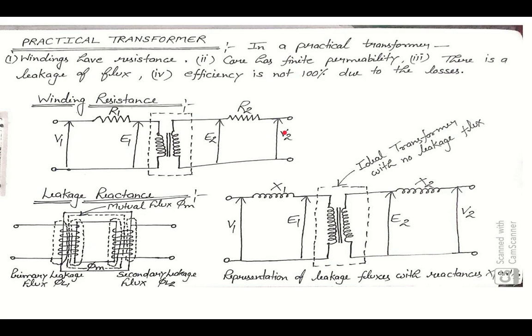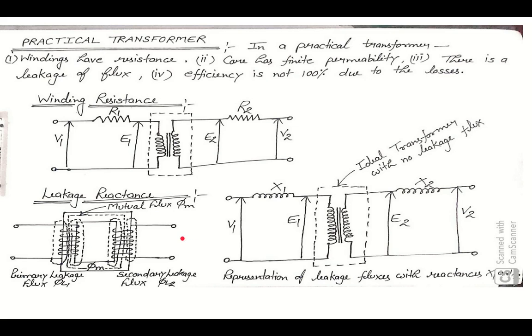The effect of resistance is equivalent to an ideal transformer with resistances connected in series with each winding, where R1 and R2 are the resistances of the primary and secondary windings of the actual transformer.